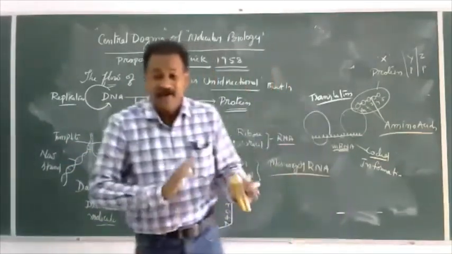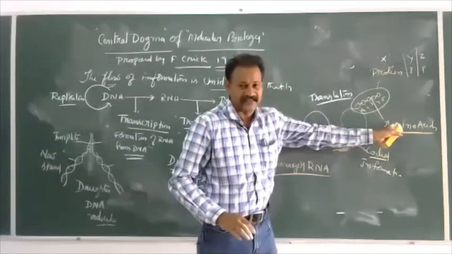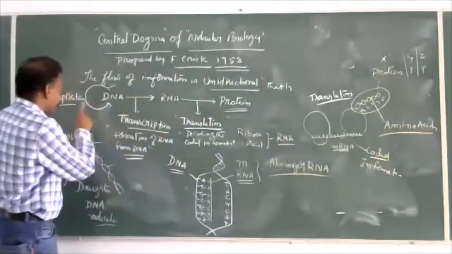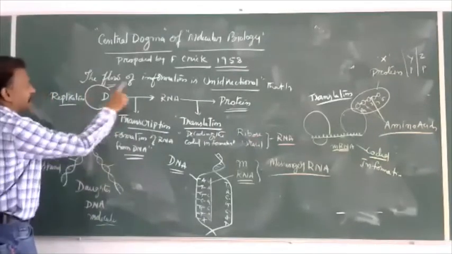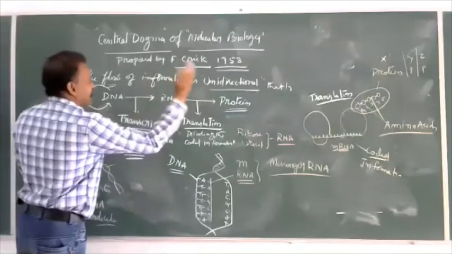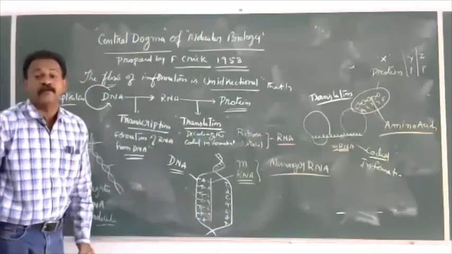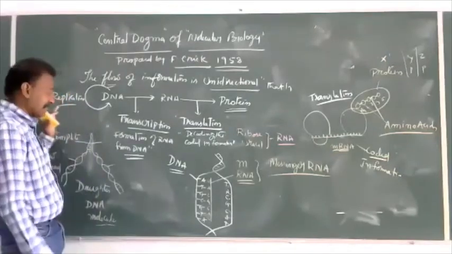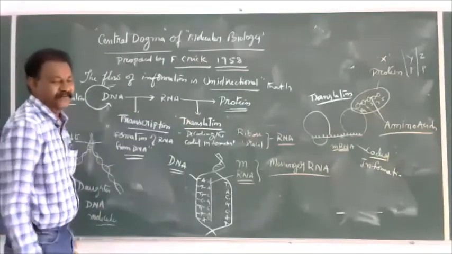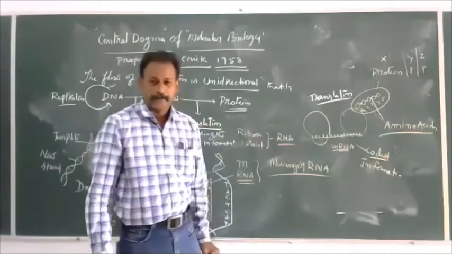So the flow of information regarding the proteins and amino acids is unidirectional, that is from DNA to RNA, RNA to protein. This is called the central dogma of molecular biology. Always in one direction.